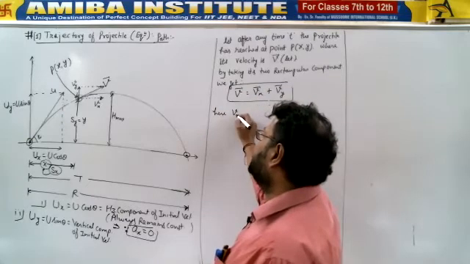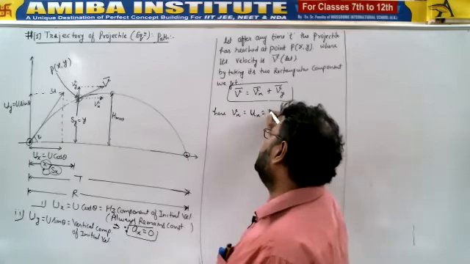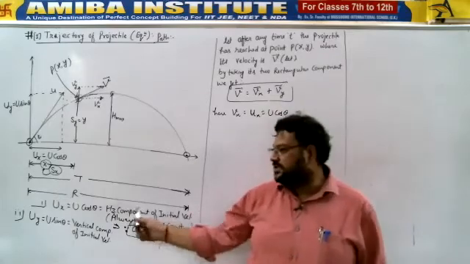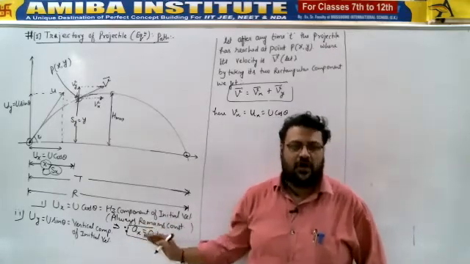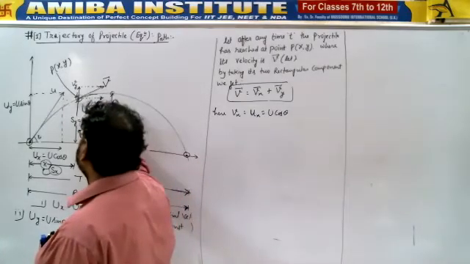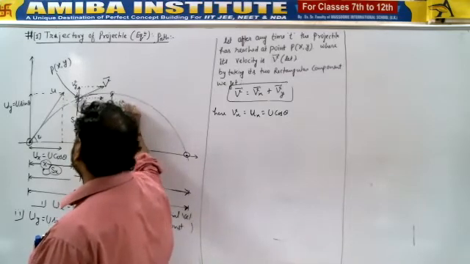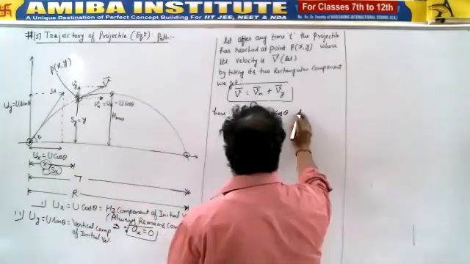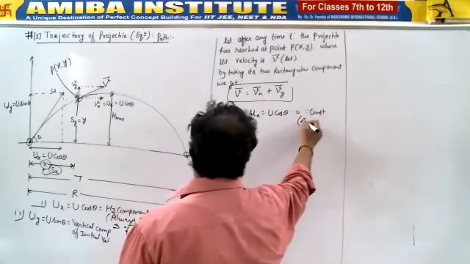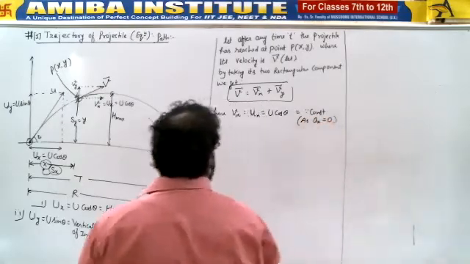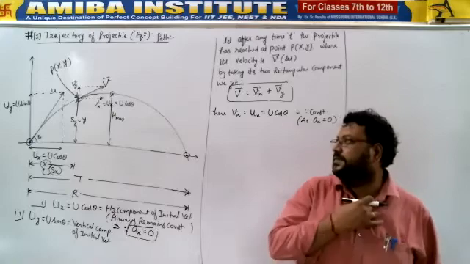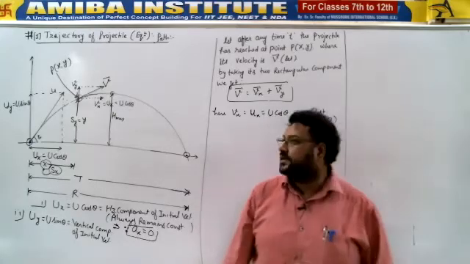Here, Vx is nothing but Ux only, since we have already mentioned that the x direction velocity should not change. It should be constant always. So wherever it will go, the x component should remain the same. That means it should be u cos theta only, since it is constant, as ax, the acceleration in the x direction, is 0. No external forces are being applied in the horizontal direction.